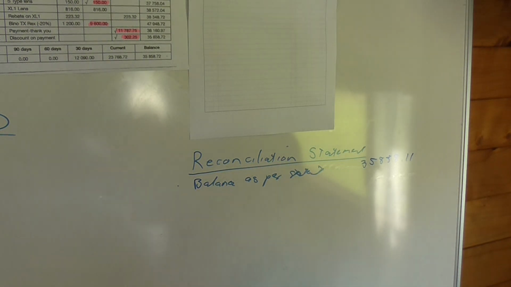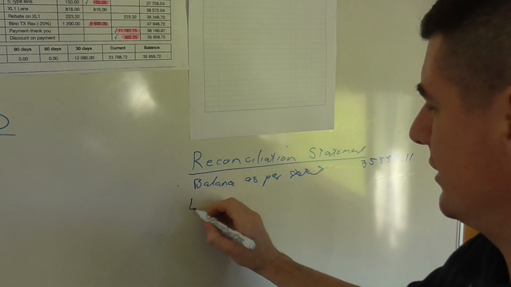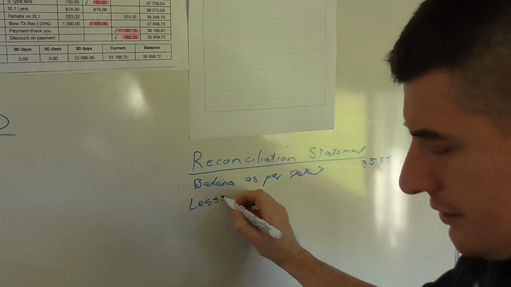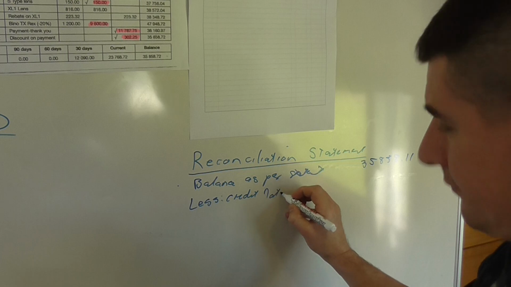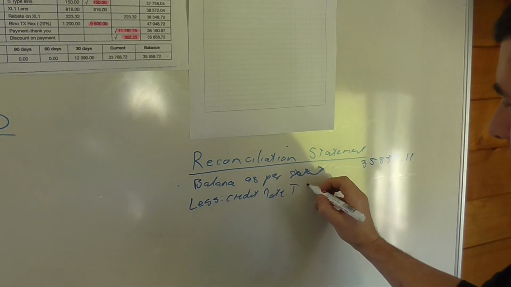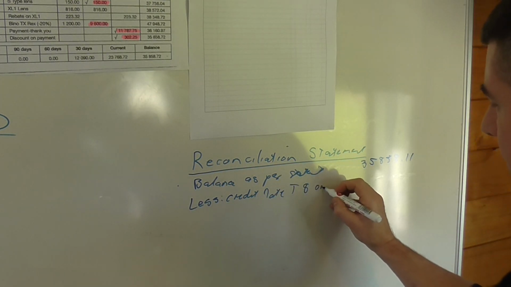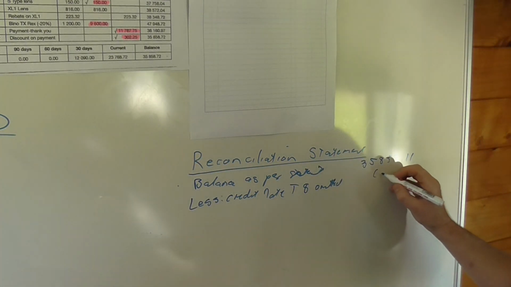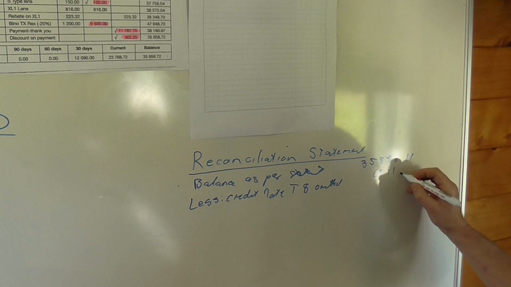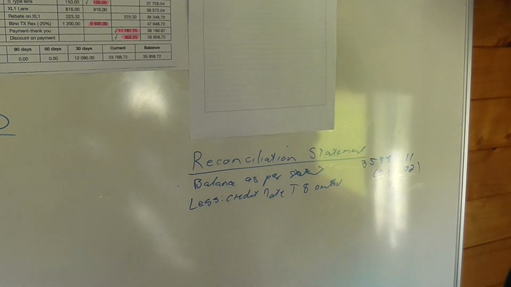So we just simply say less credit note T8 omitted, and that'll be 811.02. Okay. So now we've made that entry. There. Okay.